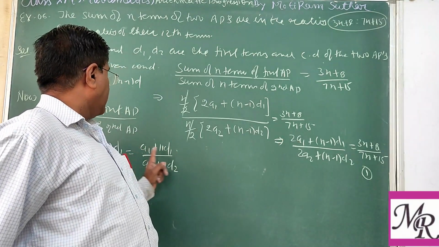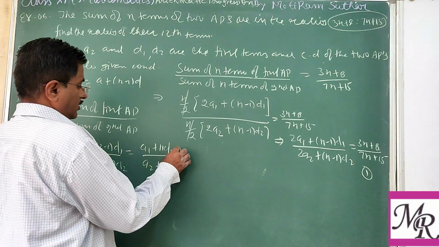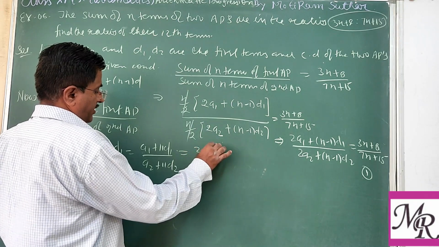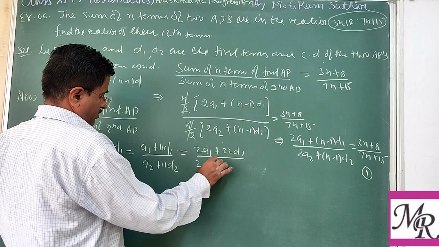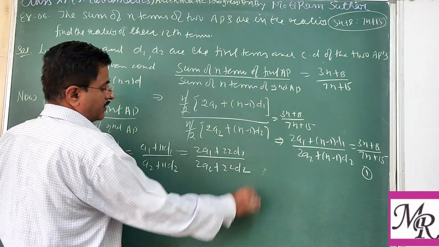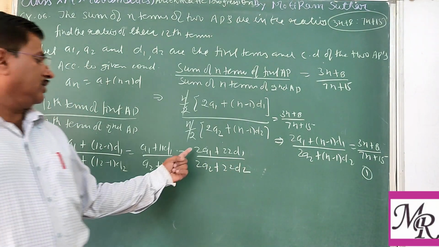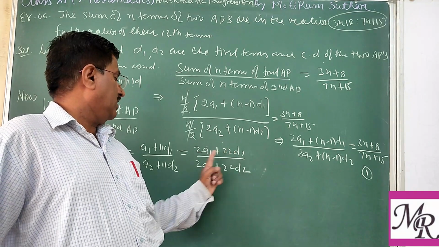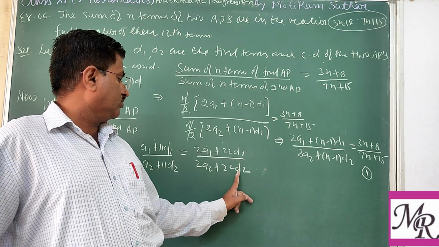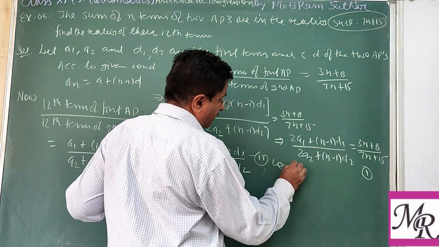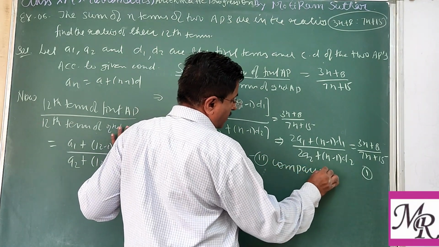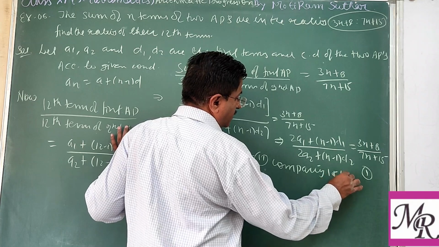So if we multiply this whole by 2, numerator and denominator, what do we get? 2a1 plus 22 d1, 2a2 plus 22 d2. Now we are comparing 1 and 2.